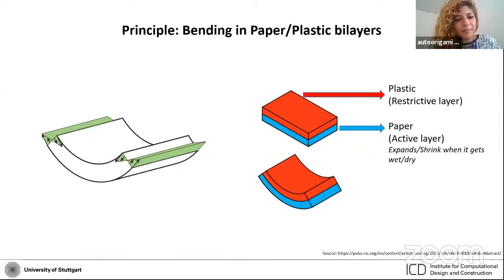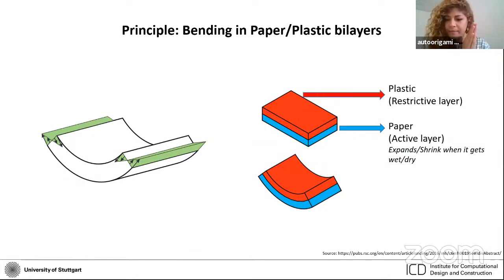Next. Okay, this is the very basic mechanism and principle for creating shape-changing structures with paper. It is called a bilayer mechanism. A bilayer consists of two layers that are bonded, glued together.